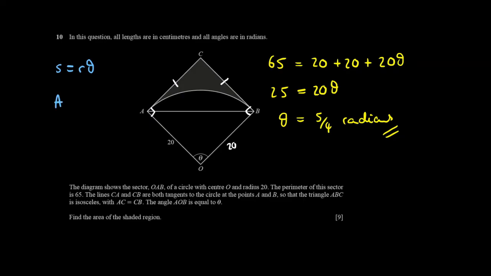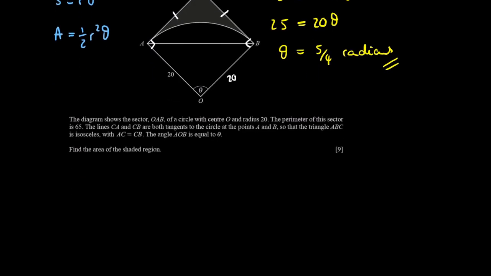The formula for the area of a sector is a half r squared theta, again, where theta is in radians. So I'm going to write this down. The area of the sector, by the way, you should always write in words what you're finding, just to make it nice and clear to the examiner, is equal to a half times by 20 squared times by theta, which is 5 upon 4.